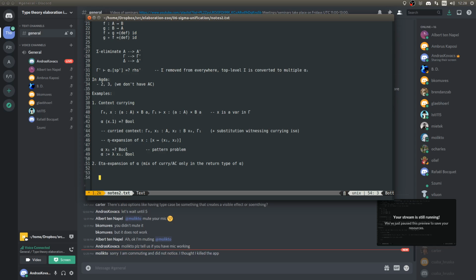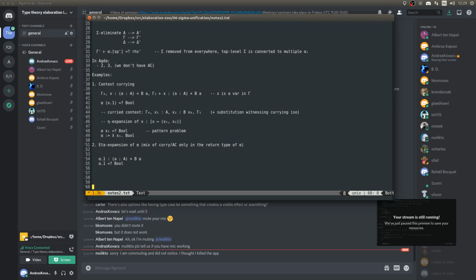And then what happens is that I have some alpha. Very simple: alpha dot 1 equals bool. So alpha is a meta variable with a sigma type. The solution is to convert.